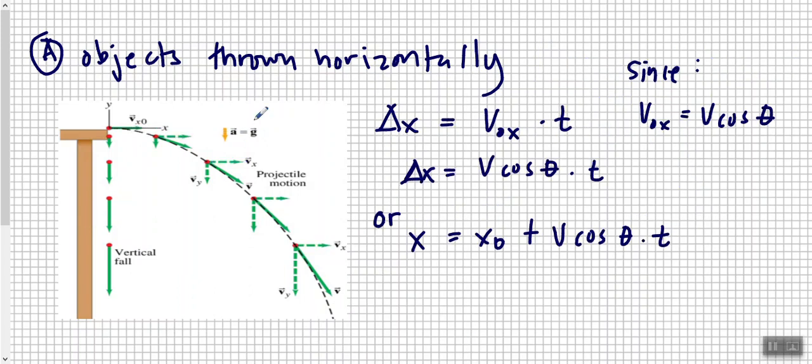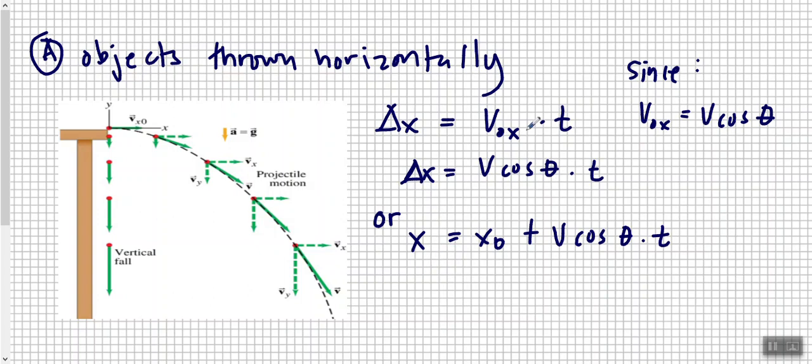We could also determine the change in the displacement, which is from our chapter 2 topic in linear motion. So we have the velocity along the horizontal times the time. Since a while ago we took note that the component of the horizontal velocity is equal to v cosine theta, we can plug that in here.